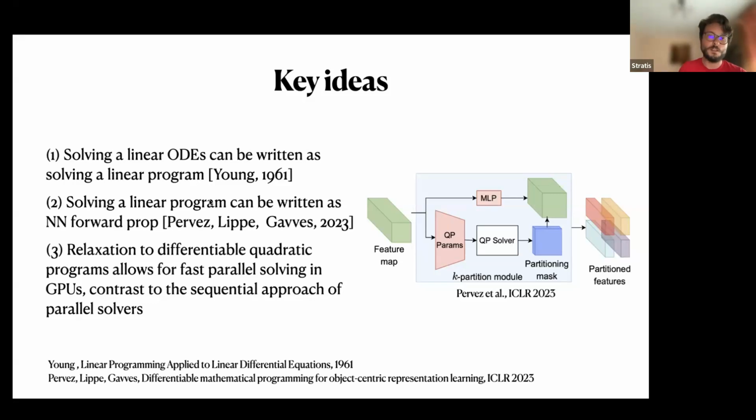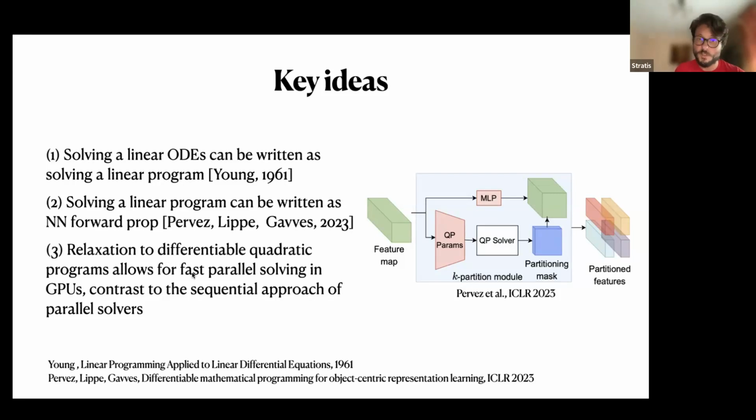This is similar to some other algorithms that have been proposed a couple of years back. But the difference here is that we are making a relaxation of the linear program, so that we don't have a fixed point solution here. A third key idea is that we show that we can relax it to a differentiable quadratic program.